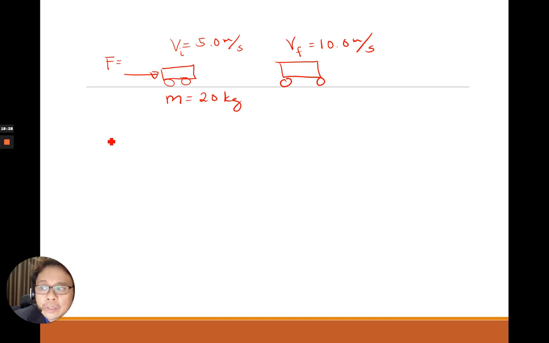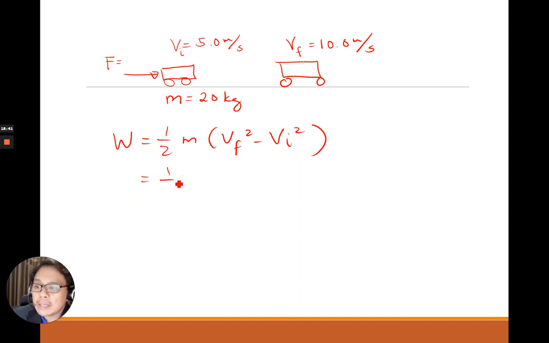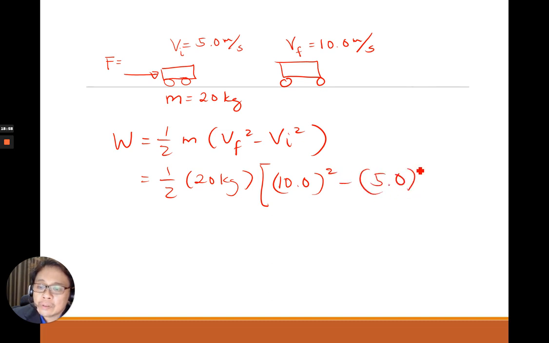So we use the work energy theorem equation that we derived a while ago. You have 1/2 m, v final squared minus v initial squared. The mass of the cart is 20 kilograms, multiplied by the v final, 10.0 squared, minus the v initial, which is 5.0 squared.